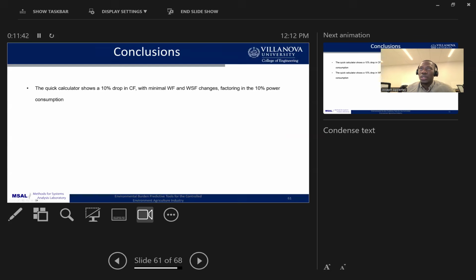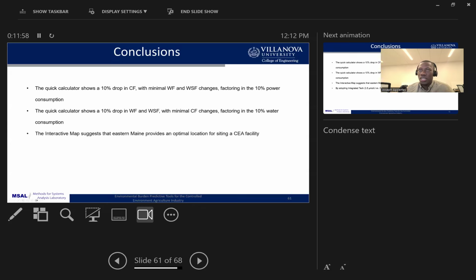To conclude, the quick calculator gives us a 10% drop in the CF when we consider the 10% drop, and also it gives us a 10% reduction in the WF and then the WSF, and also the interactive map suggests that the eastern part of Miami will be the best fit for us to relocate our facility.